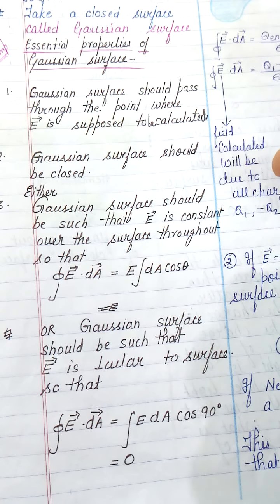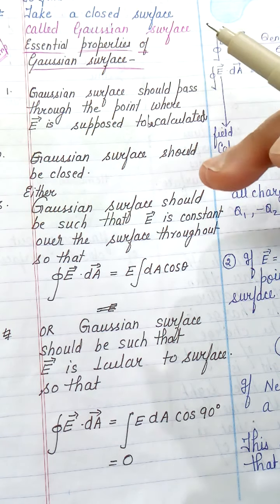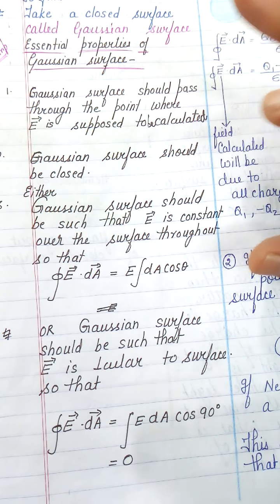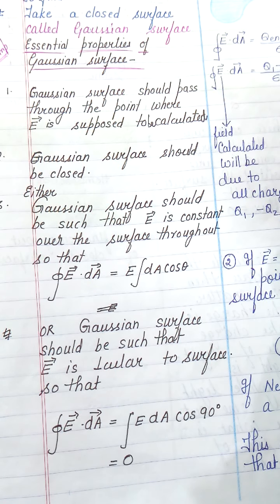So in this mathematical concept, we have to follow a few steps in every case, and in those steps the first step will be to select a proper Gaussian surface, right?